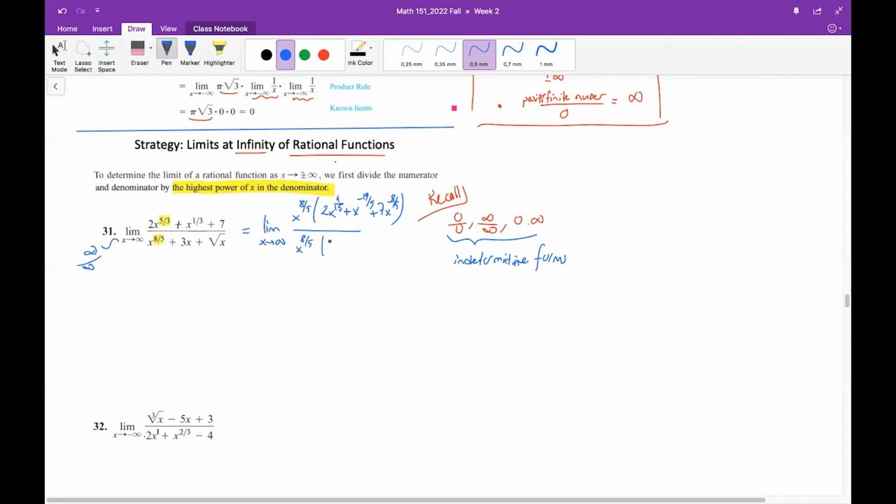And then at the denominator, what we have is 1 plus 3 times x to the power minus 3 over 5 plus x to the power minus 11 over 10 again. You can check if we got the correct powers here once you multiply and sum up all those powers to obtain the powers on the left.